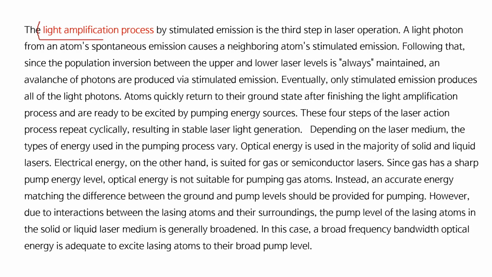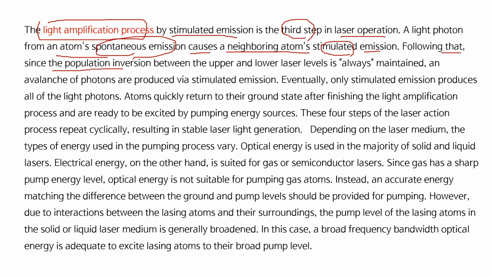The light amplification process by stimulated emission is the third step in laser operation. A light photon from an atom's spontaneous emission causes a neighboring atom's stimulated emission. Following that, since the population inversion between the upper and lower laser levels is always maintained, an avalanche of photons is produced via stimulated emission.